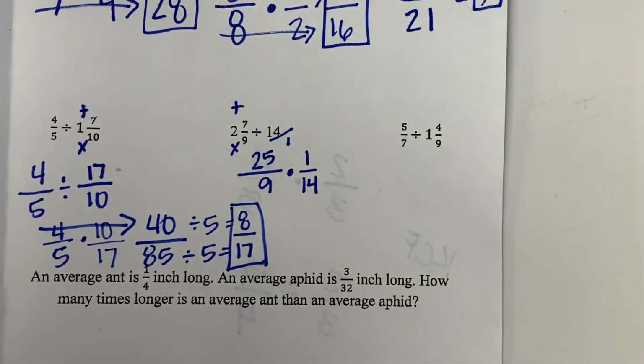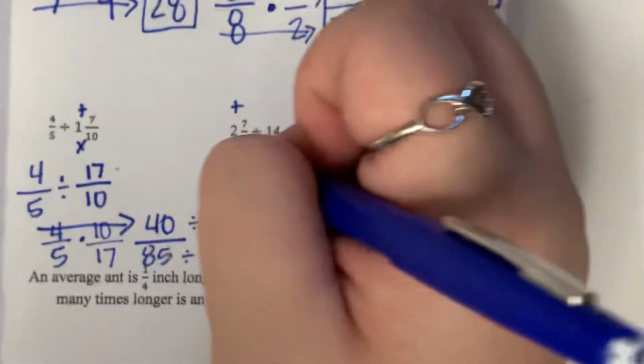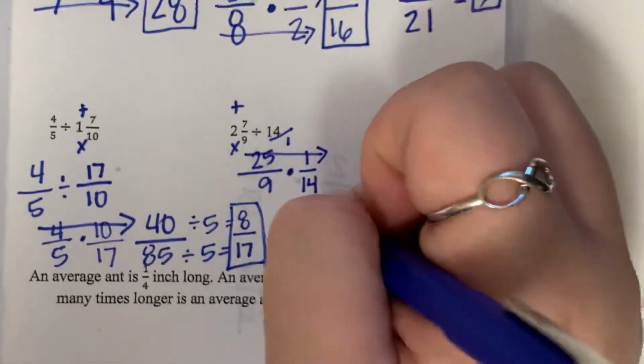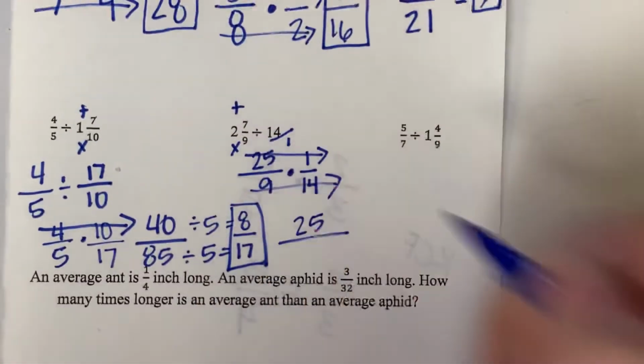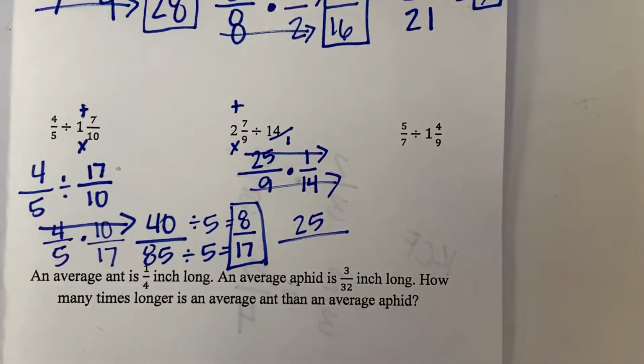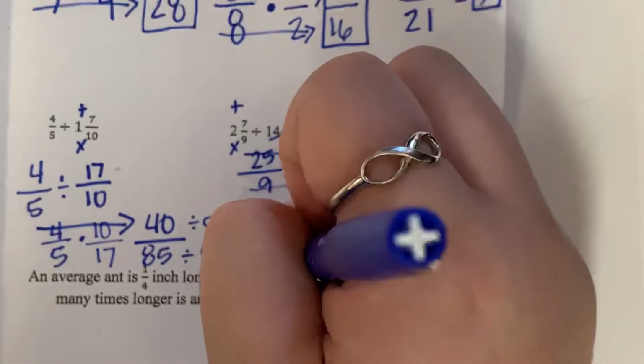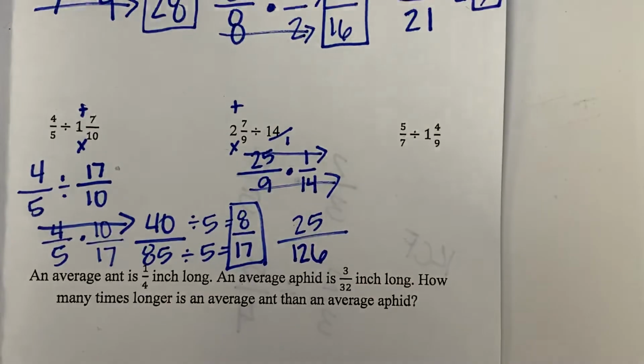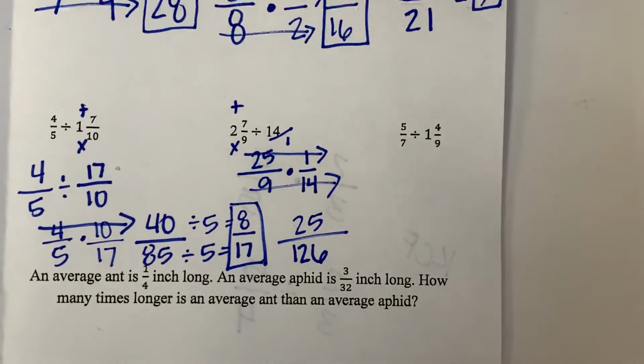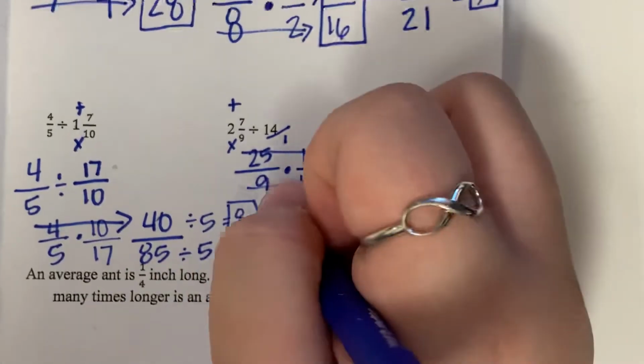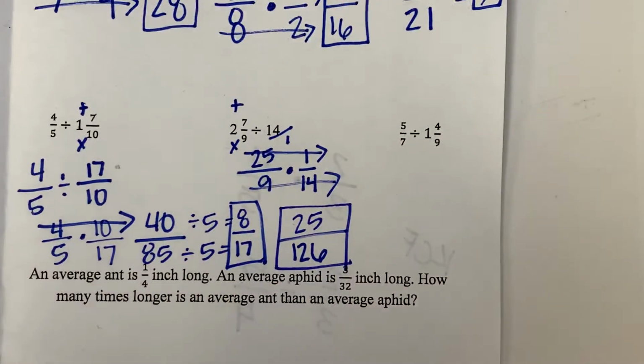Okay, and now we multiply straight across like normal. 25 times 1 is 25. 9 times 14 is 126. I'm trying to see if that reduces at all. I don't think that it does. So for right now, we'll just say that we can leave this 25 over 126.